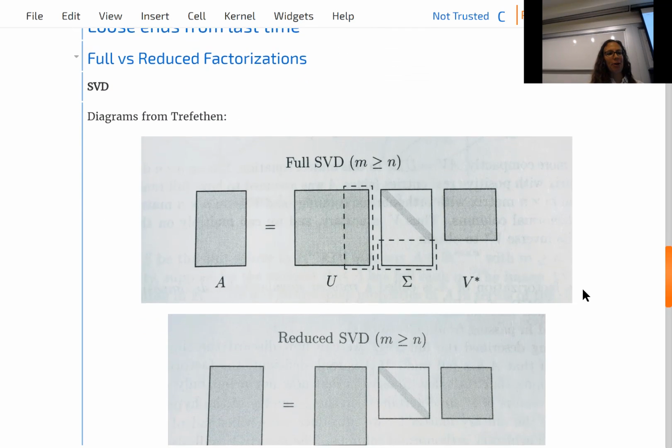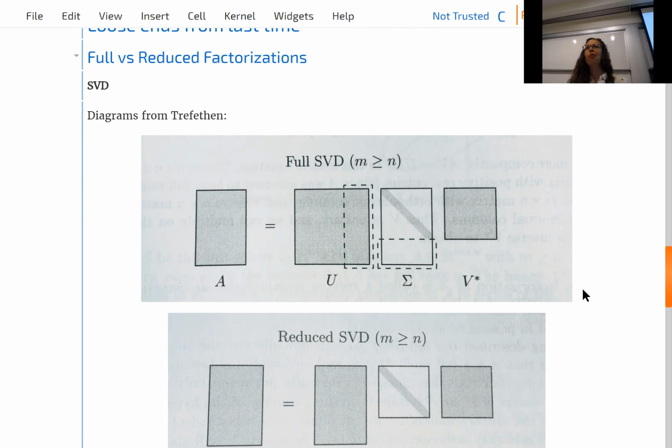This is coming from a question Tim asked about full versus reduced factorizations. I've been skimming over this, hand waving and not wanting to get into the detail, but it's actually good to look at, and it helped me realize I had an error in the SVD code, which is why it was so slow. I'll show you that in a moment.